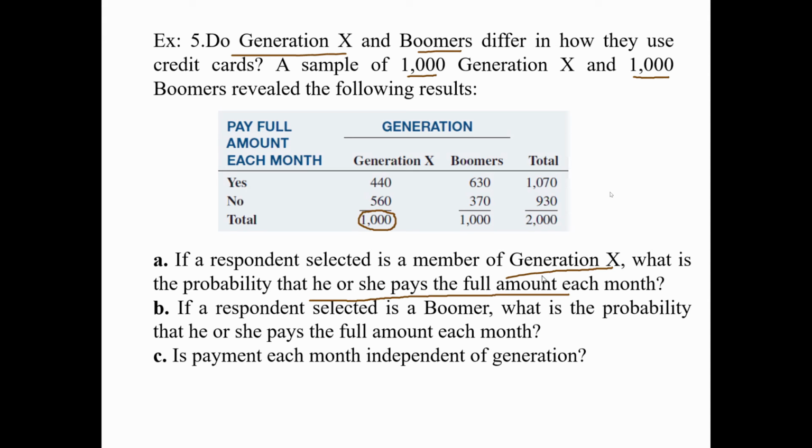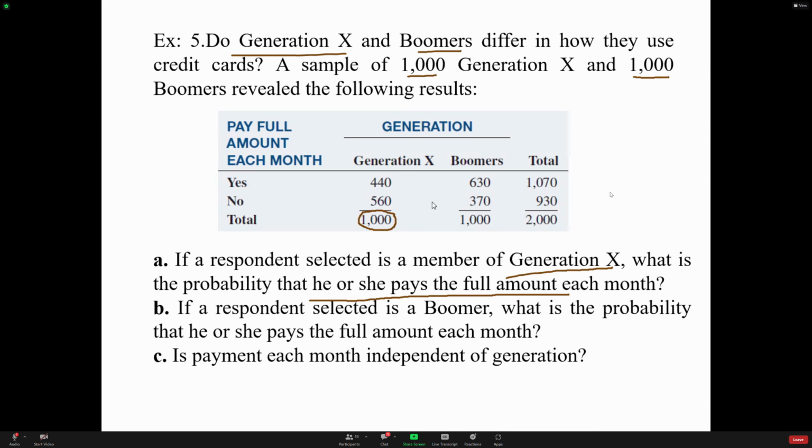Generation X is known. So now you need to look at the probability of full amount paid. Yeah, the answer is simple, right? 440 over 1,000.